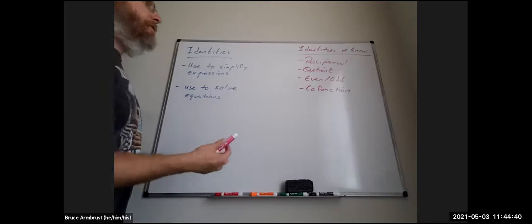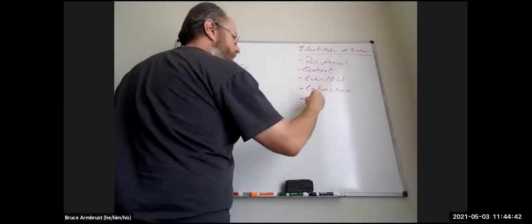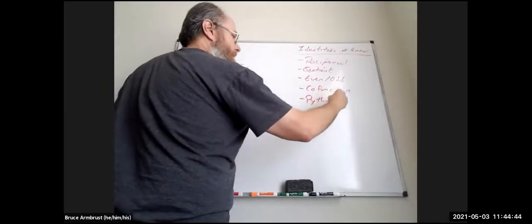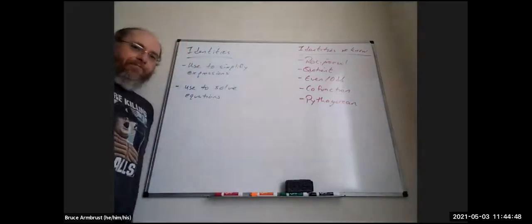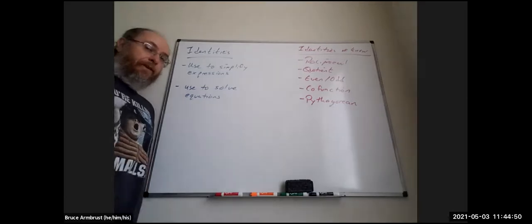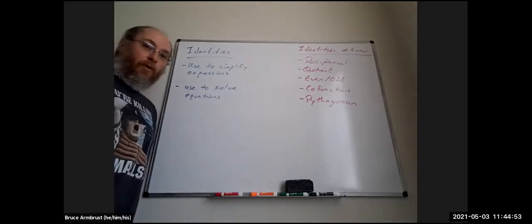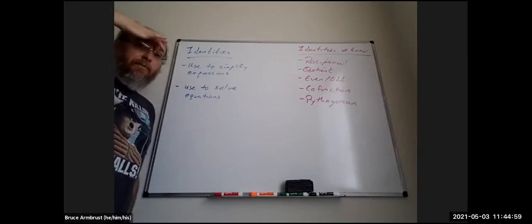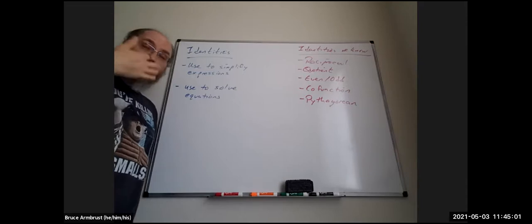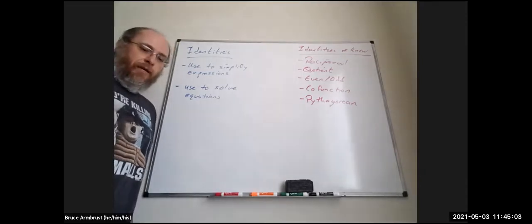So we have the co-function, and then the other group that we had were the Pythagorean. The main Pythagorean was the sine squared plus cosine squared equals 1. And then there were the 2 other forms, the secant squared equals tangent squared plus 1, and 1 plus cotangent squared equals cosecant squared.